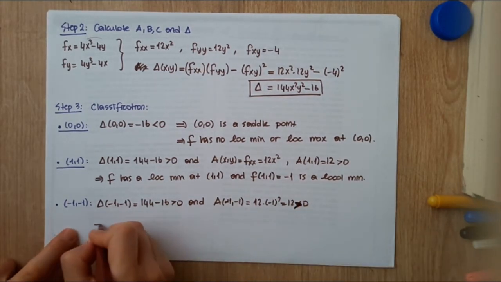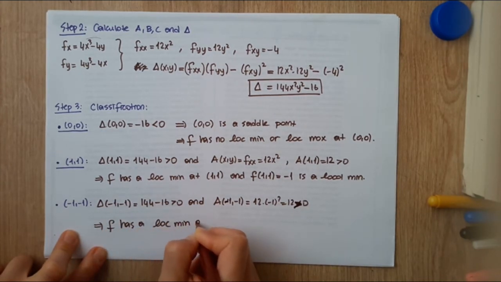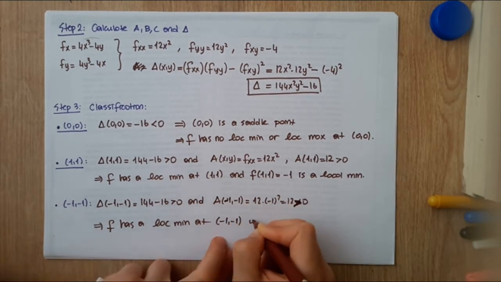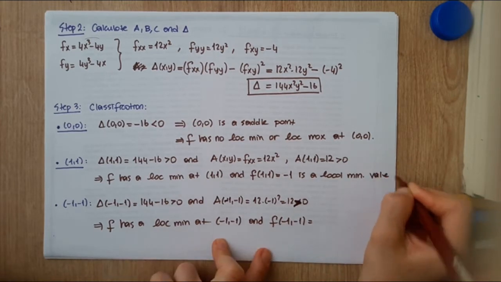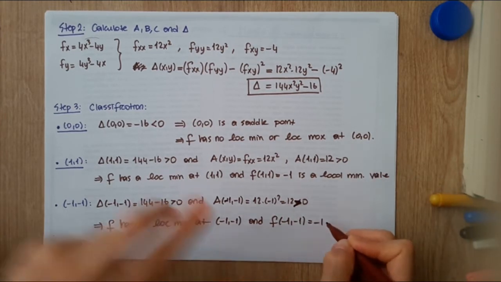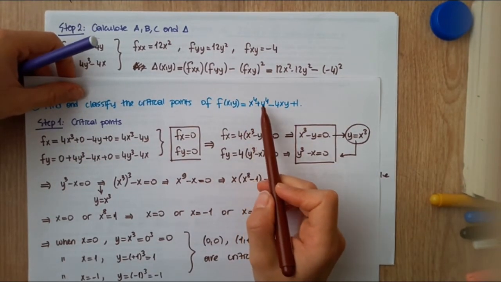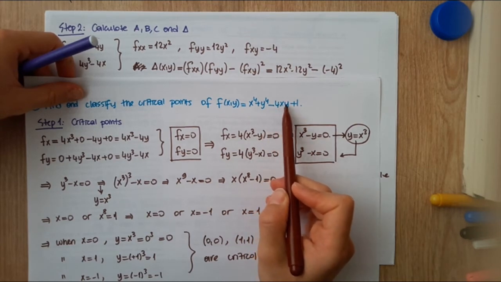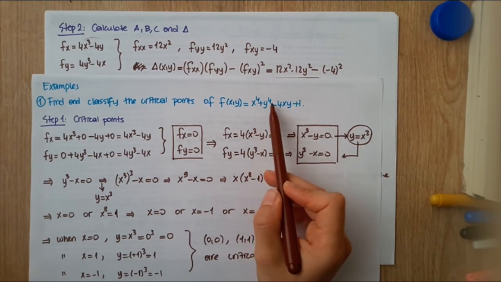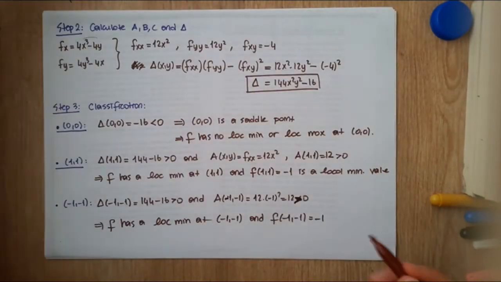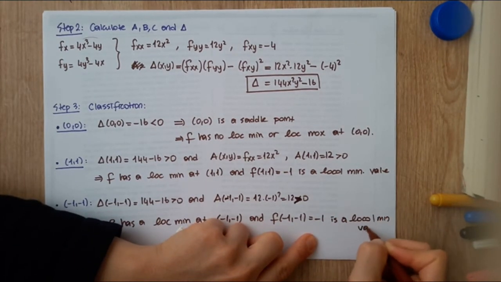So at the end I can decide this again: f has a local minimum at minus 1, minus 1, and f of minus 1, minus 1 equals minus 1. You can obtain this using the given function. If you substitute minus 1 here, 1 plus 1 minus 4 plus 1 is minus 1. Okay, minus 1 is a local minimum value of the function.